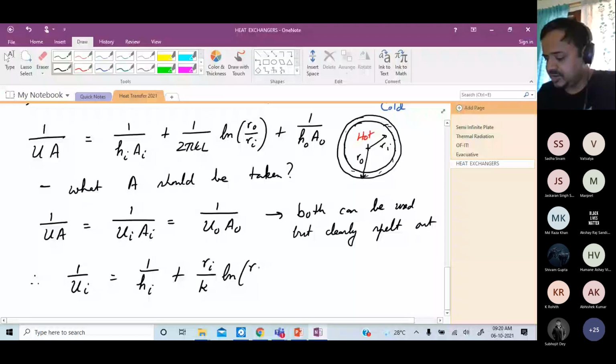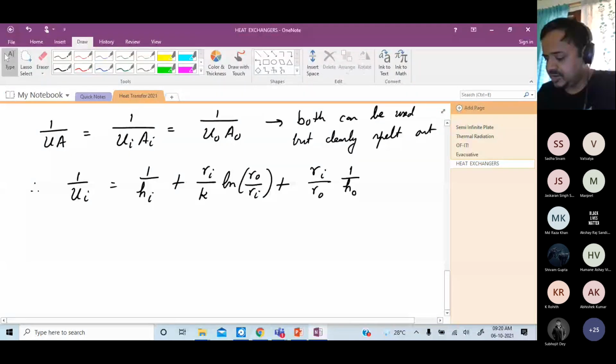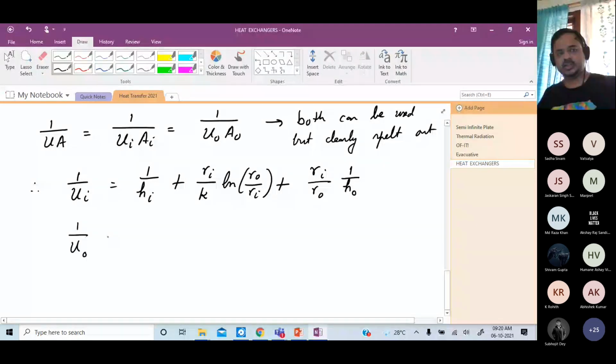Or I can also write it as 1 over U outside, the outer one. No, this should be r_o over r_i. Basically, you multiply the expression at the top, what we have come up with here, by A_o.